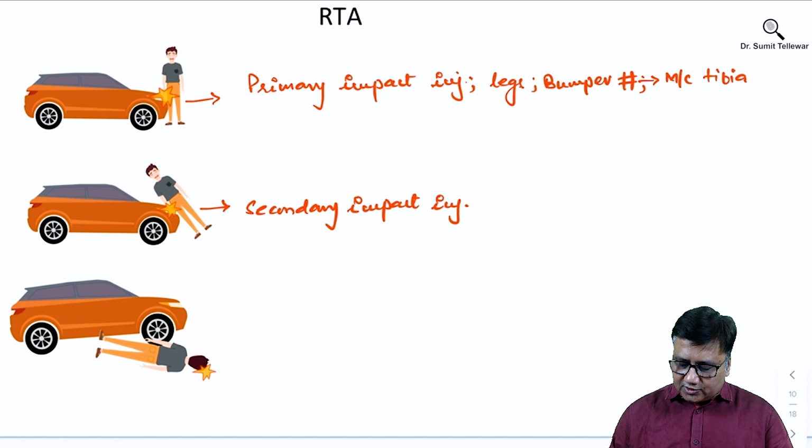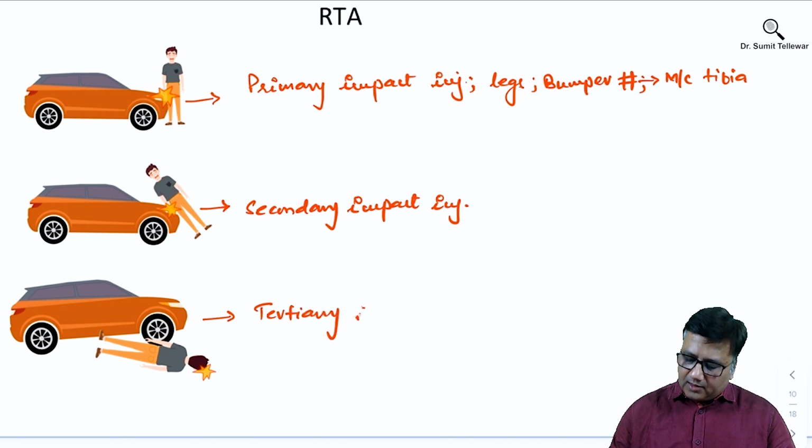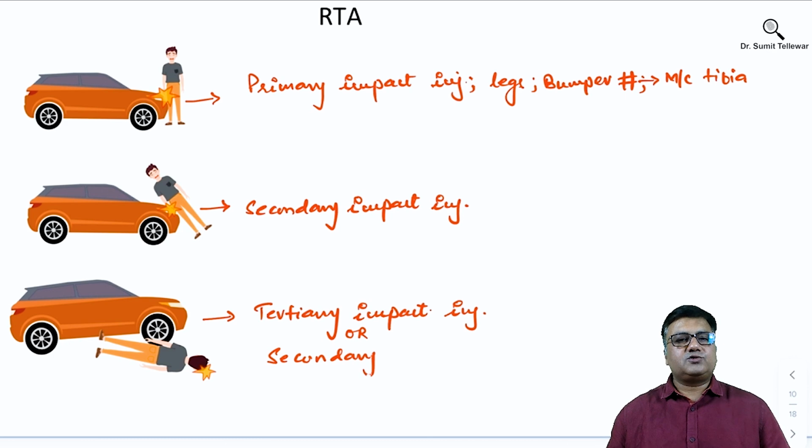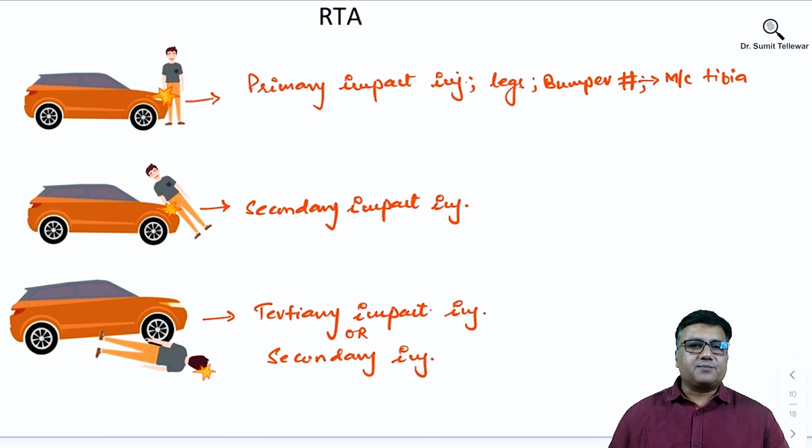This situation is now called tertiary impact injury, or you can call it plain and simple secondary injury. So either you call it tertiary impact or you call it plain and simple secondary injury, right?